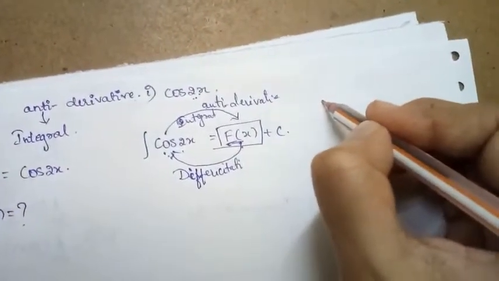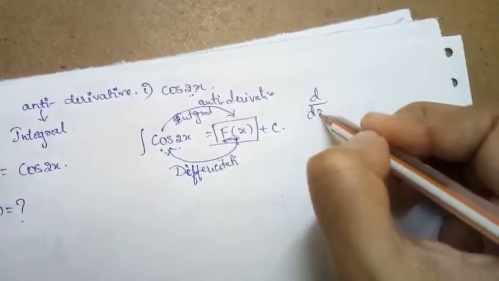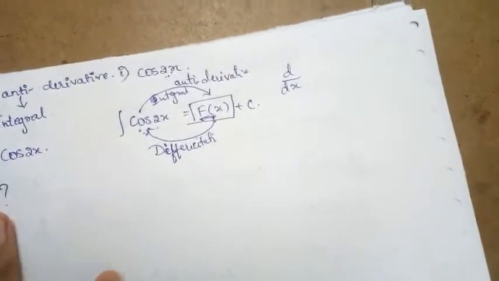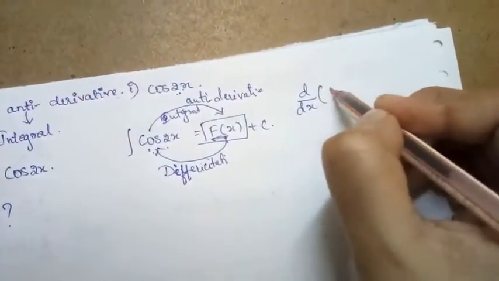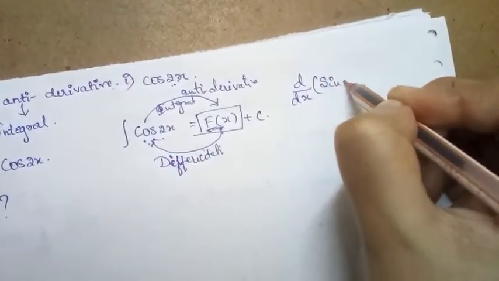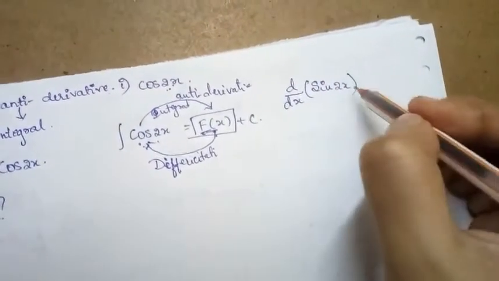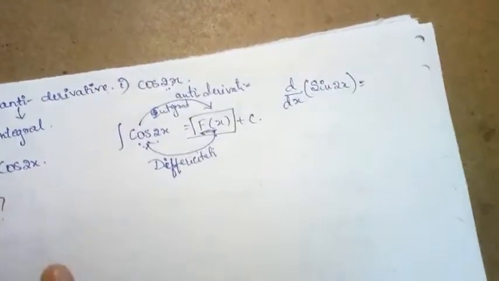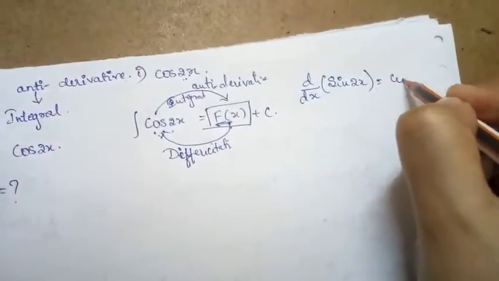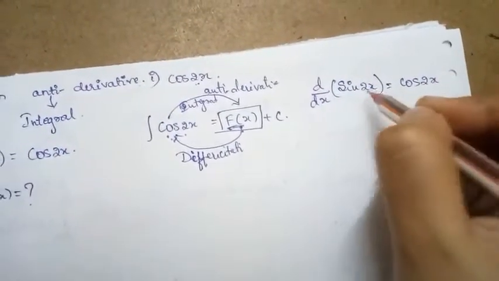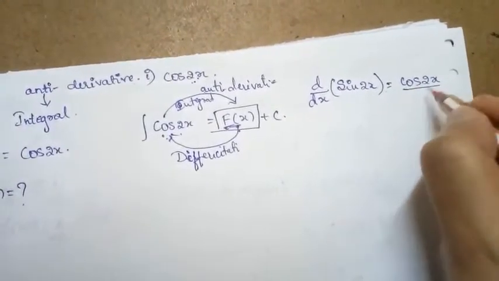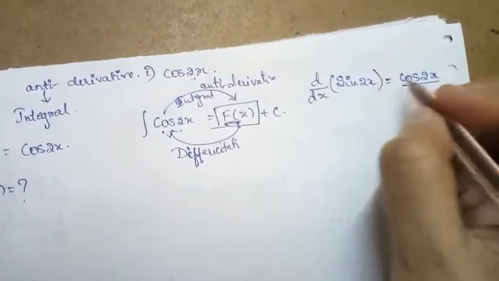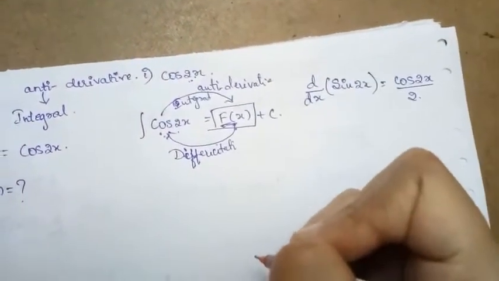So differentiation, we know the differentiation, right? Clearly we know the differentiation of sine 2x. What is the differentiation of sine 2x? The differentiation of sine is cos 2x, and by the chain rule the differentiation of 2x is 2. So the differentiation of sine 2x is cos 2x times 2.